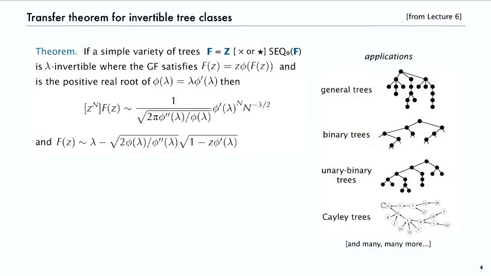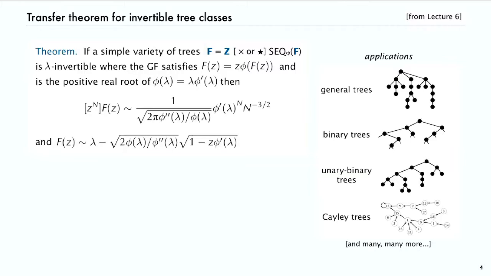So there's this idea of lambda invertible, where there's a few technical conditions, but the main one is that we define a function phi, which comes right out of the symbolic method from the construction into a generating function equation. So the sizes of sequences that we use translate into different functions phi. So the construction defines the function phi, and that's a so-called characteristic equation.